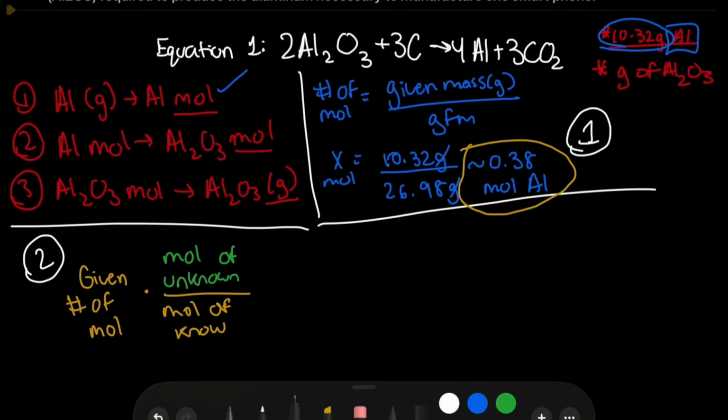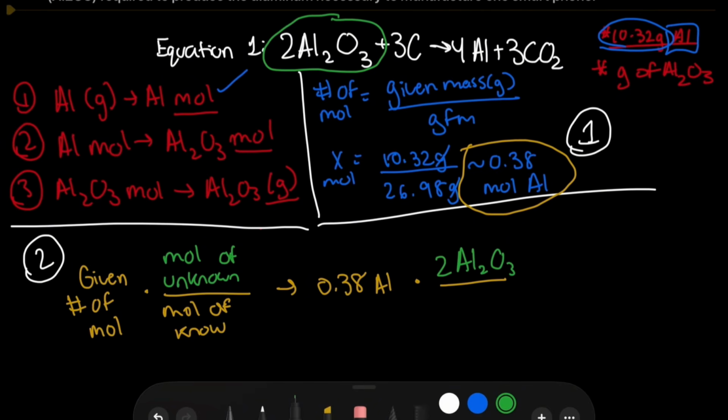So we would write down 0.38 moles of aluminum, right? Times, so what mole are we trying to convert this to? Aluminum oxide. And how many do we have? Well, when we look at equation 1, we can see that we have 2 aluminum oxides. So we would input 2 Al subscript 2 O3 on the numerator.